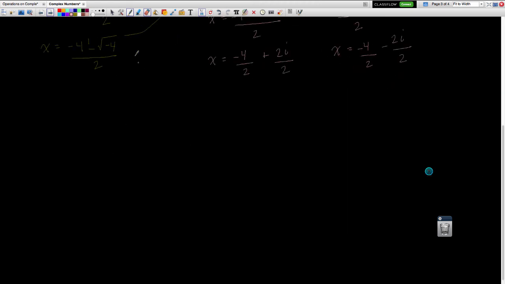And we can still simplify. x equals negative 4 divided by 2 is negative 2, and 2i divided by 2 is just plain i. So we have negative 2 plus i, and negative 4 divided by 2 is negative 2, minus 2i divided by 2 is minus i.